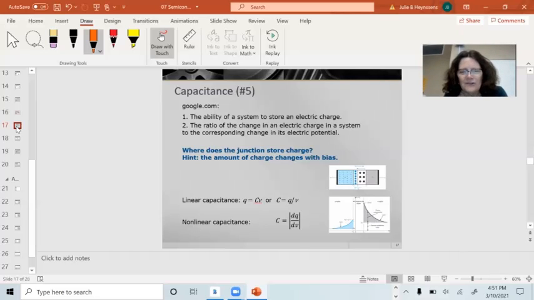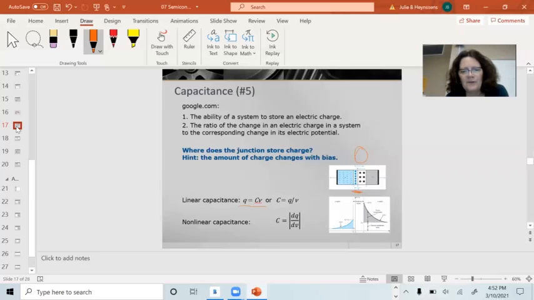Where does the junction store charge? It stores it in the depletion region, right in this area here, and the amount of charge changes with bias. Typically the way we've thought about capacitance in the past is that capacitors are linear and perfect. I have a whole day on capacitors and why they're not perfect in EE280 in the fall. Real engineers can talk about capacitors for days.